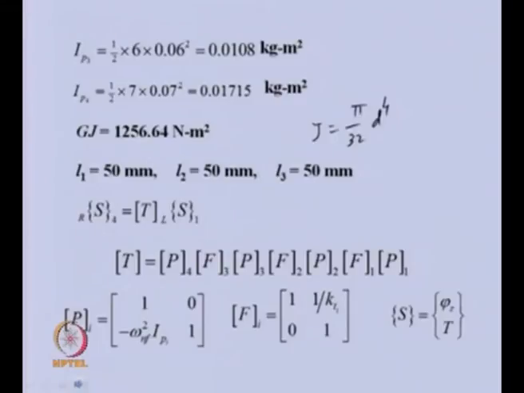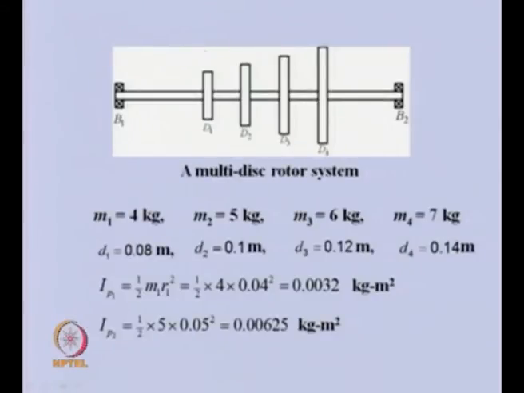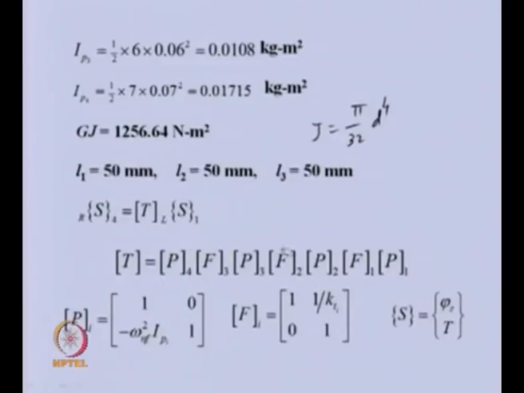So we can relate the state vectors, if we give the station numbers 1, 2, 3, 4. The state vector right of the 4th disc and the state vector right of the 1st disc can be related like this. We already know how to obtain such relations.